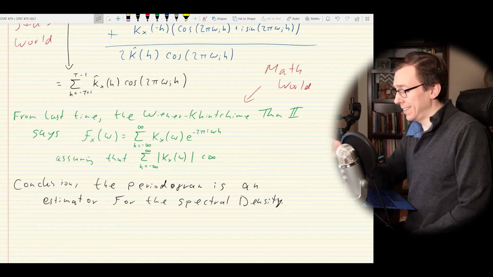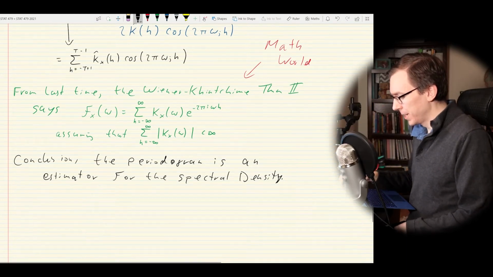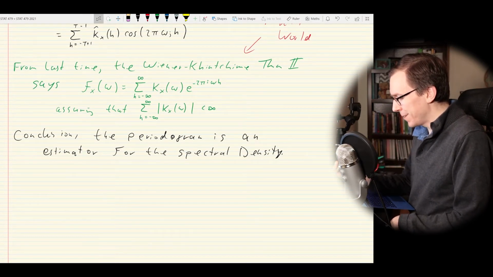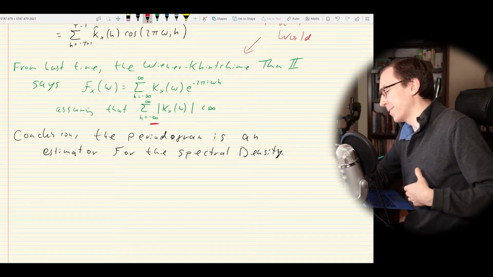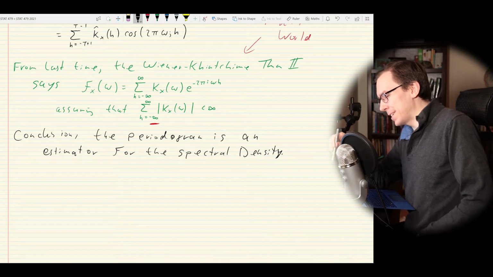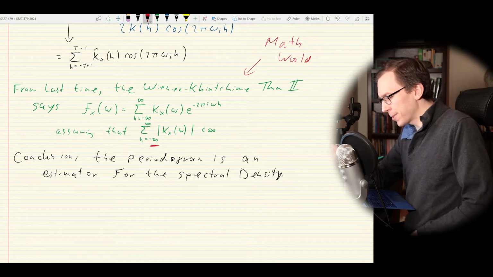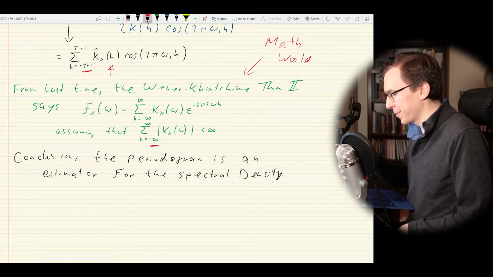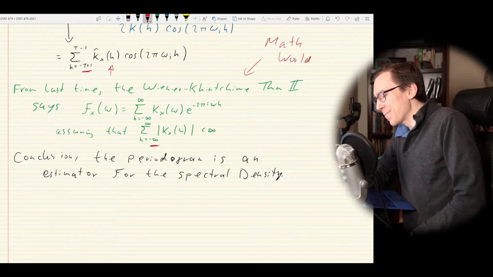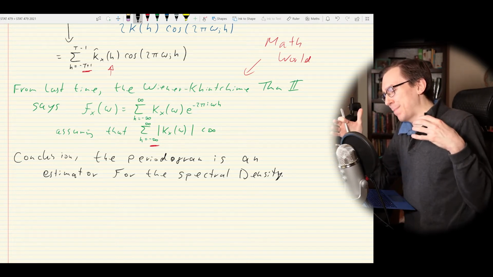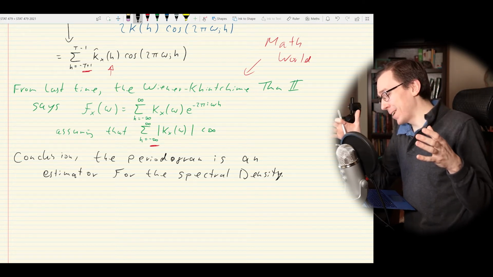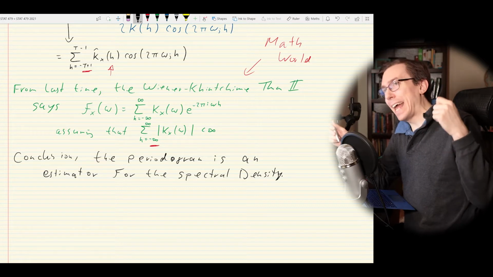Yes, and there's one other thing that I have to mention before we move on to the next section, and that's that there's, well, 2 things going on here. One is that we would never have infinite data, so we can't really compute the true spectral density from a finite set of time series data. But furthermore, we also don't really want to sum this far out, because if you recall from the second lecture in the course, what I said was that we can compute the autocovariance function for any lag, but we can estimate it.